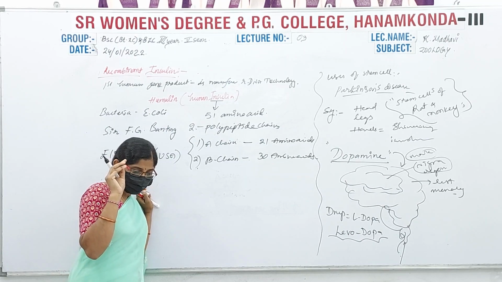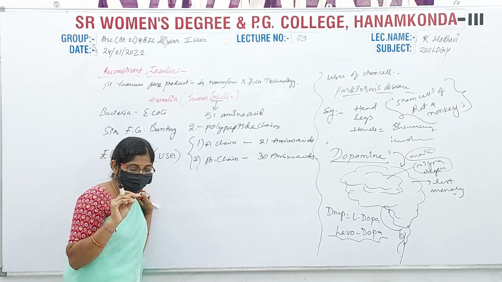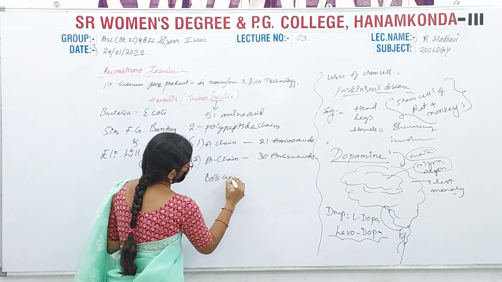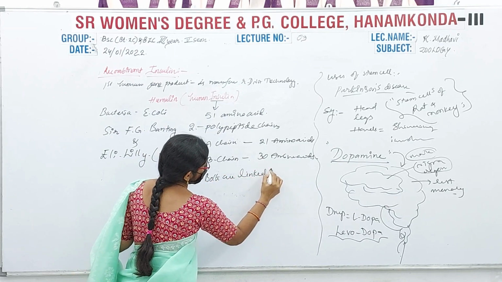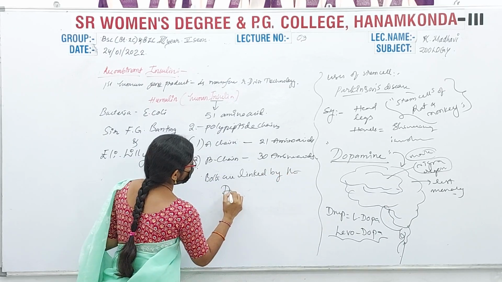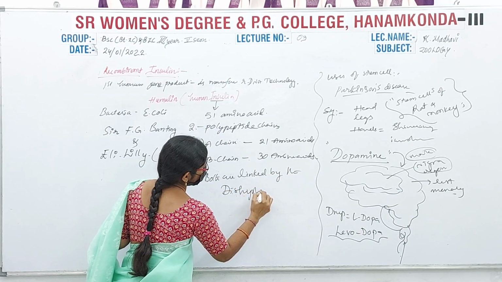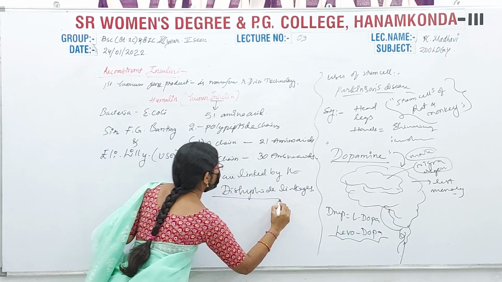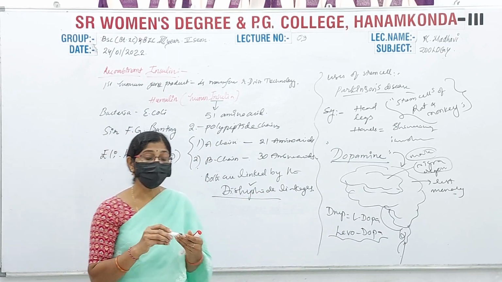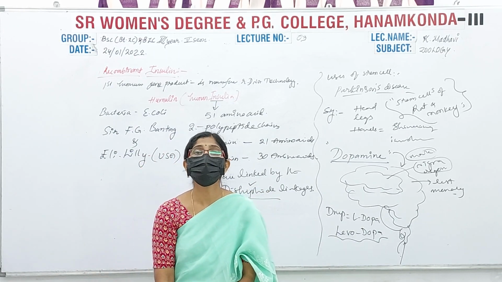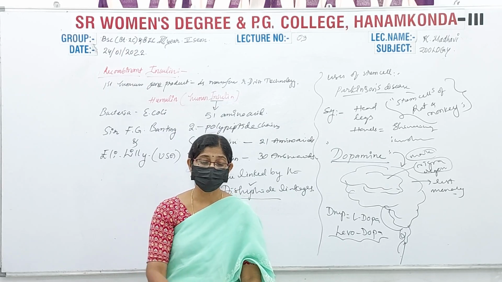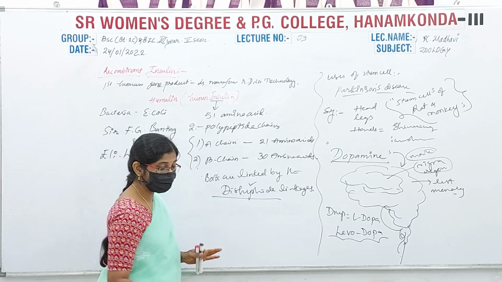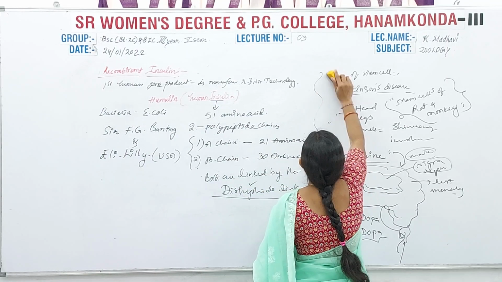Both polypeptide chains are linked together by disulfide linkages. Let us draw a rough diagram, which will be helpful.